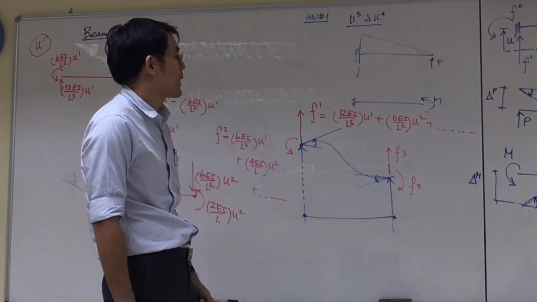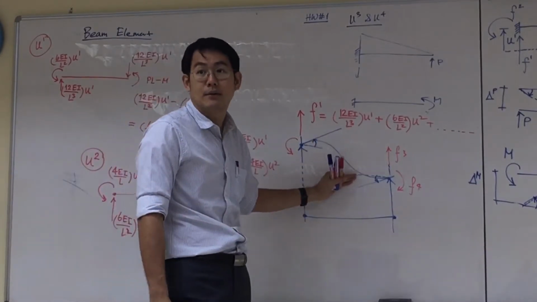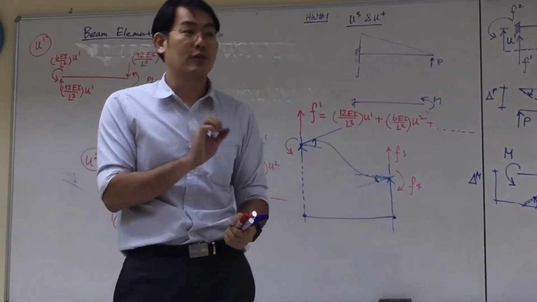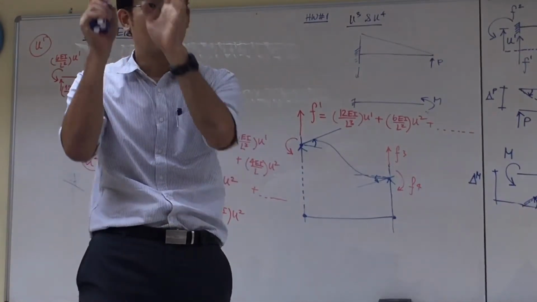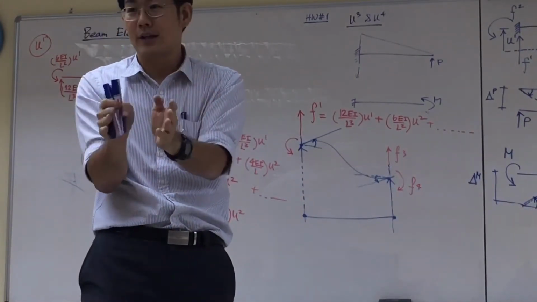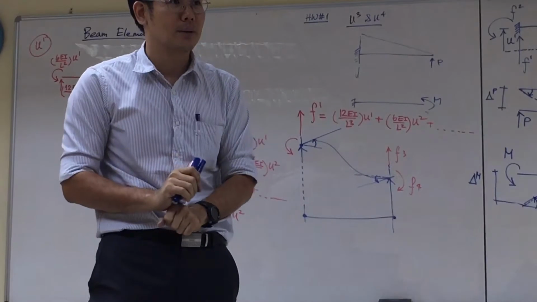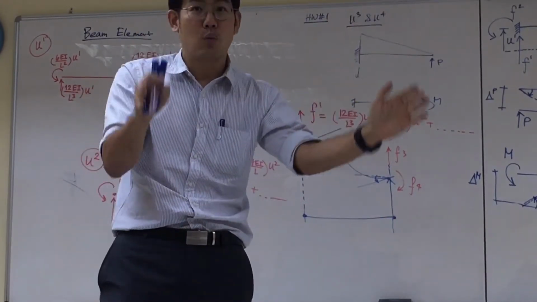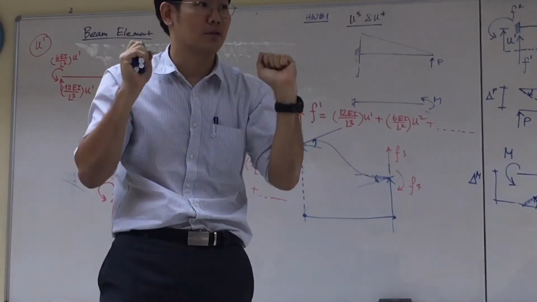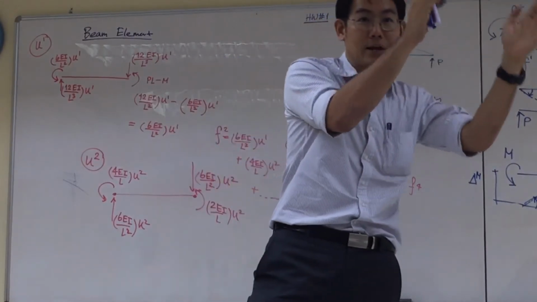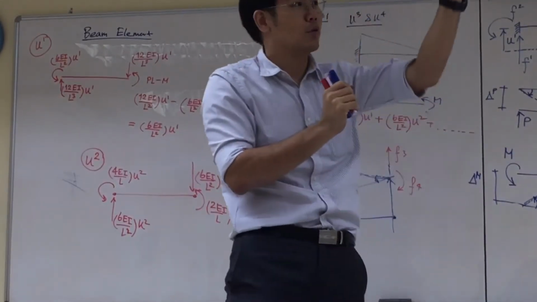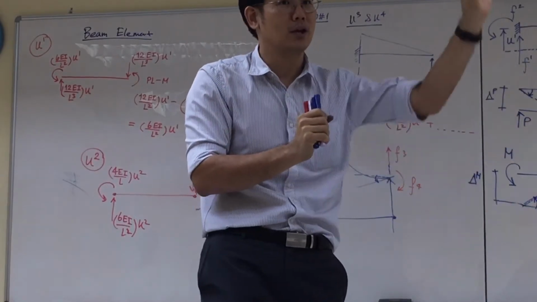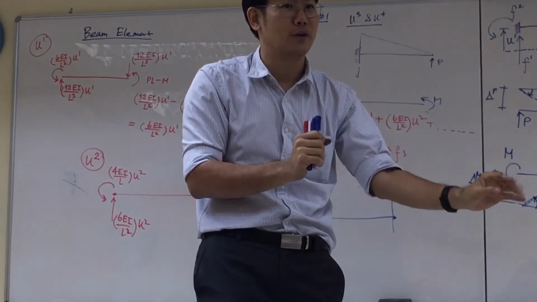You use the same technique as I implemented yesterday. So I write force in one vector, I have one stiffness matrix, and then another one, the displacement vector. So you will have displacement put together U1, U2, U3, U4.